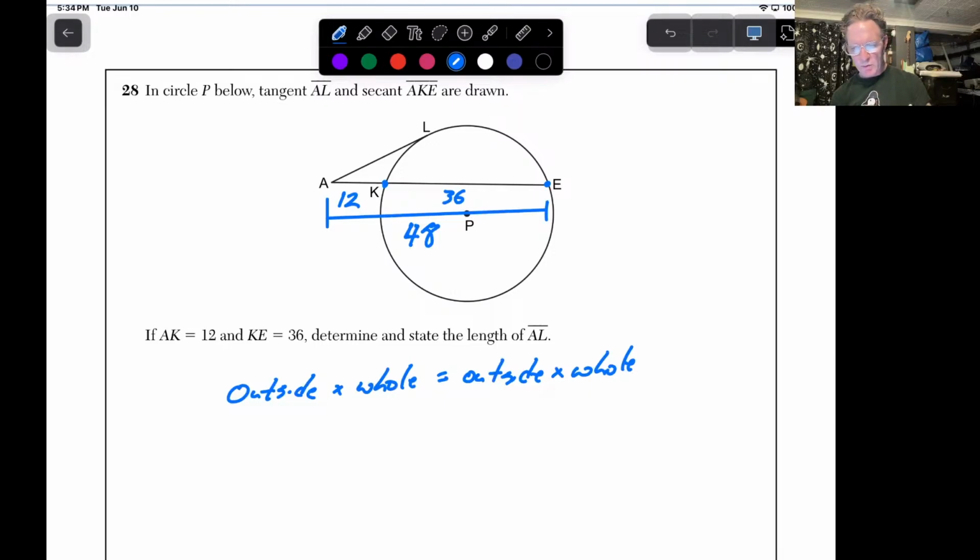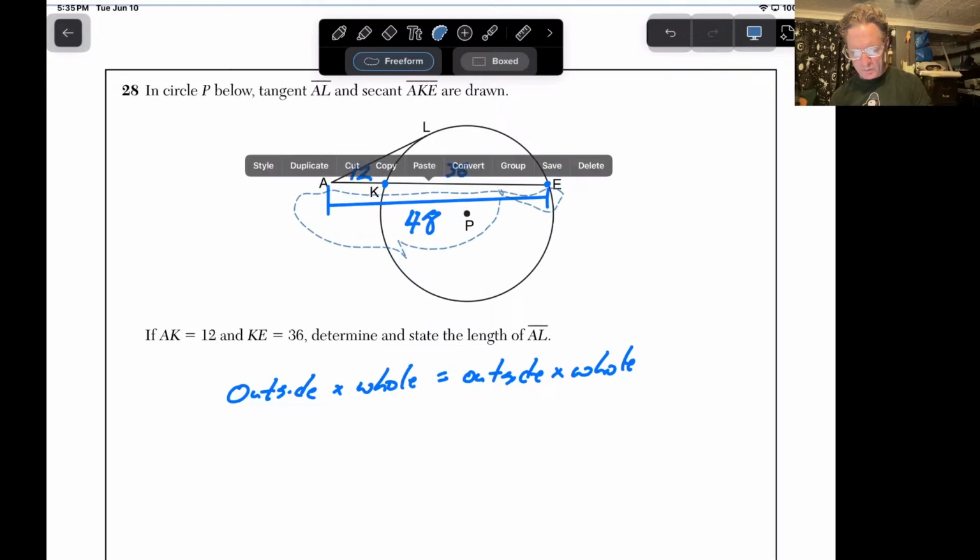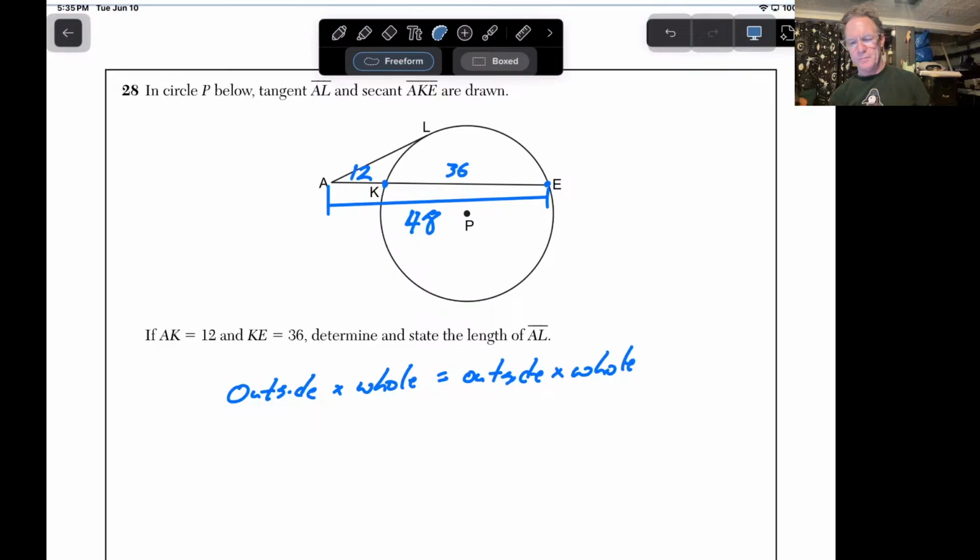12 plus 36 is 48. So let me move these so it makes it a little more clear. So that's 12, that's 36, and then this whole thing is 48. So outside is 12 times the whole, which is 48, equals the outside.